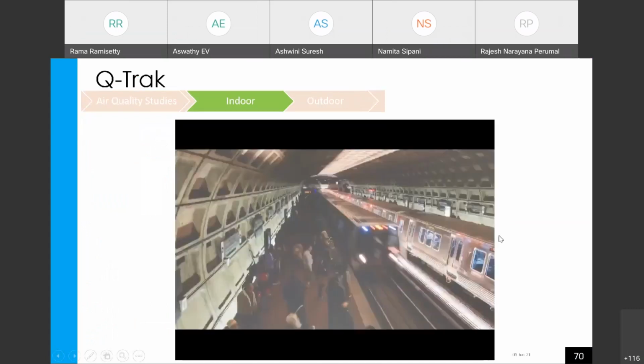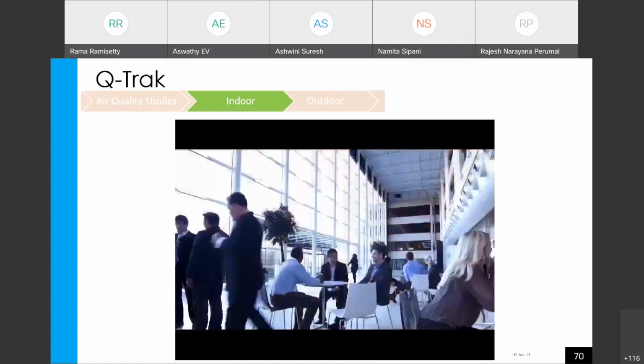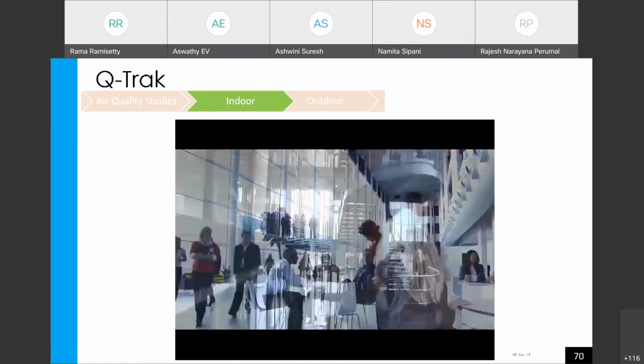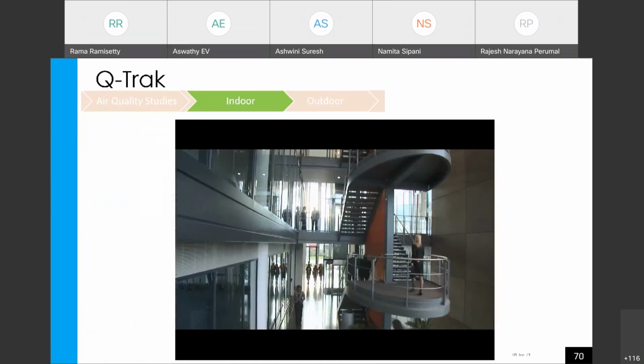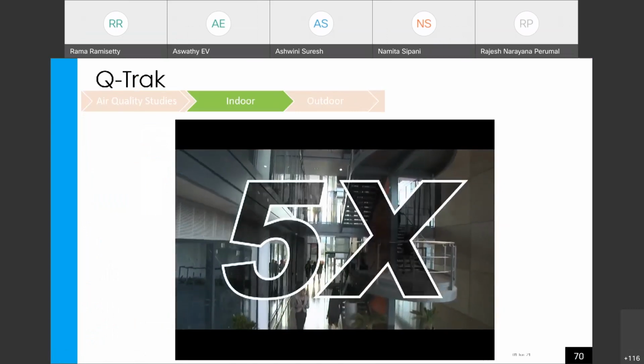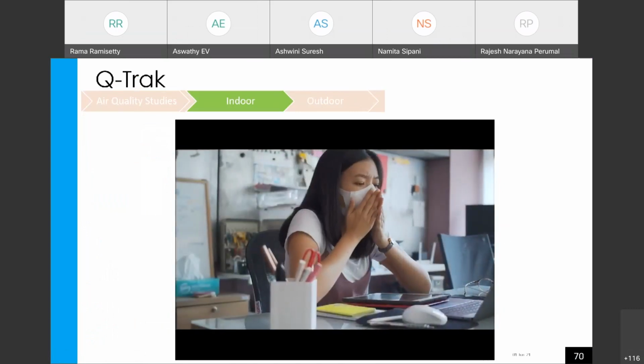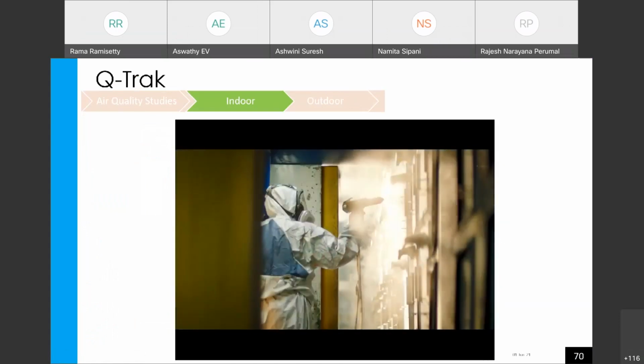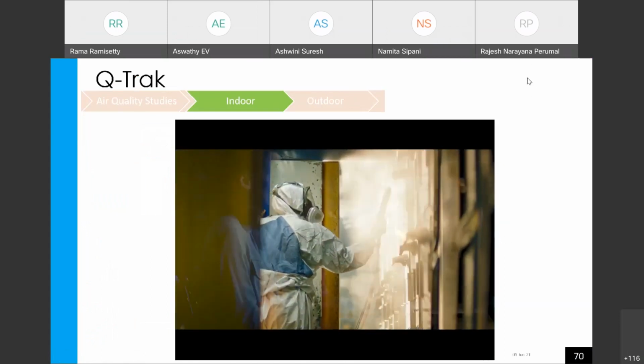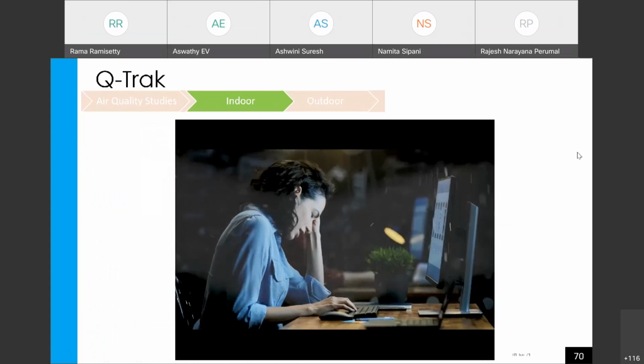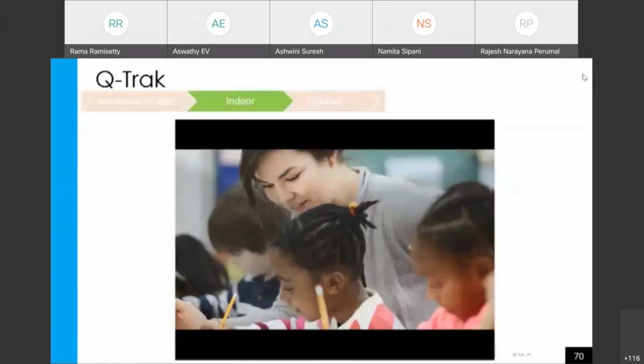Studies have shown that we spend 90% of our time indoors. Scientists are now finding that indoor air can be up to 5 times more polluted than outdoor air. The quality of the air within our schools, office buildings, manufacturing plants, and other public spaces can directly impact our health, job performance, and learning ability.